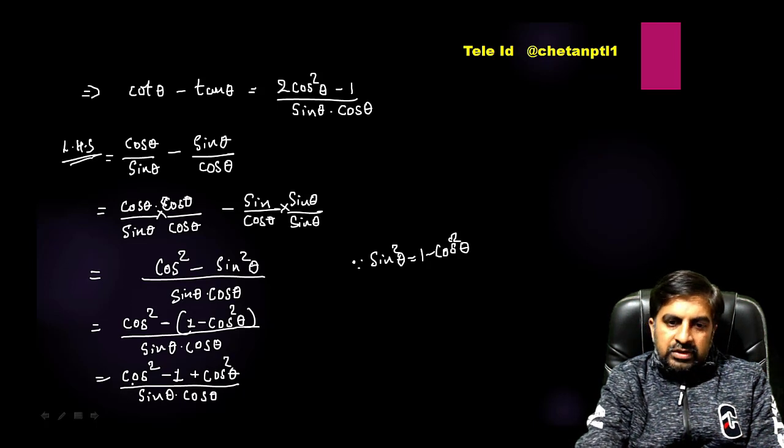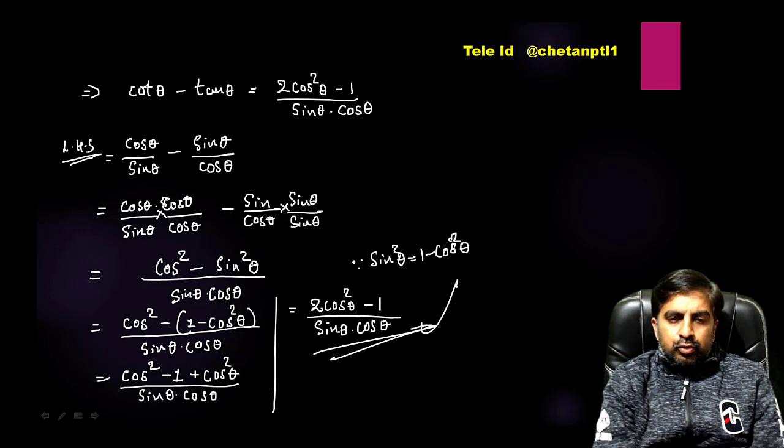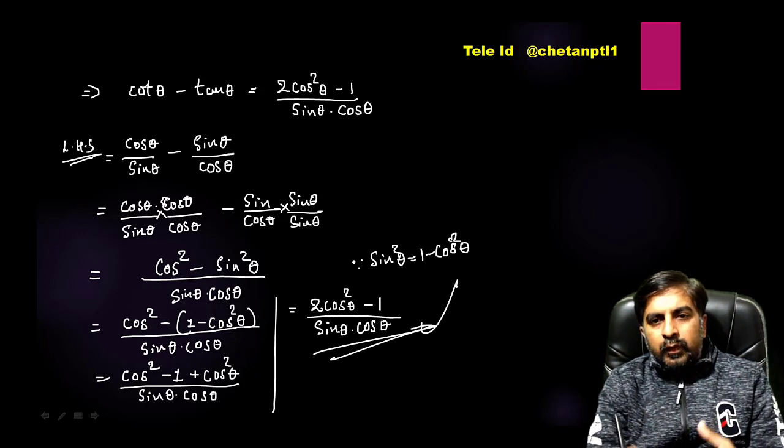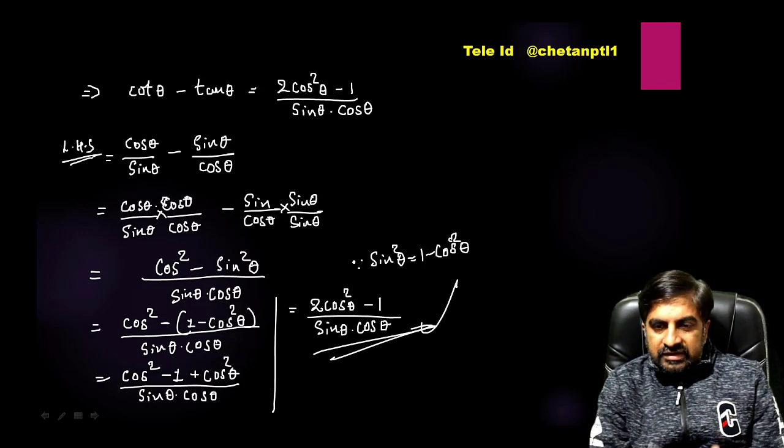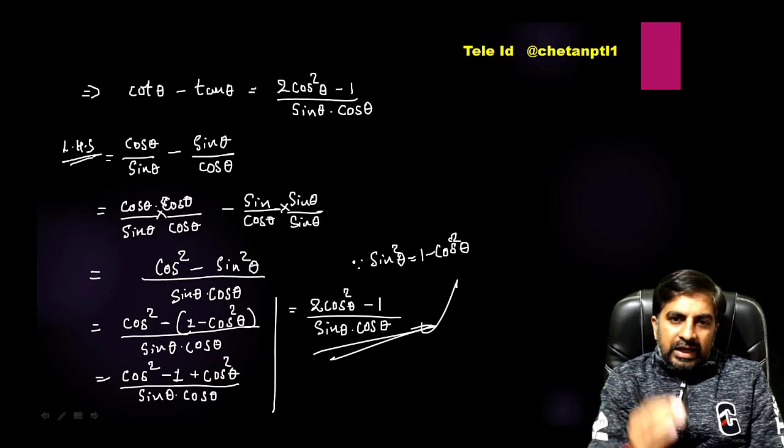Now here you need to see that cos square theta plus cos square theta, 2 times is there. So directly you can write 2 cos square theta minus 1 upon sin theta into cos theta, and that is your RHS, guys. So this way, you just need to go with the flow, and slowly you will get your answer.